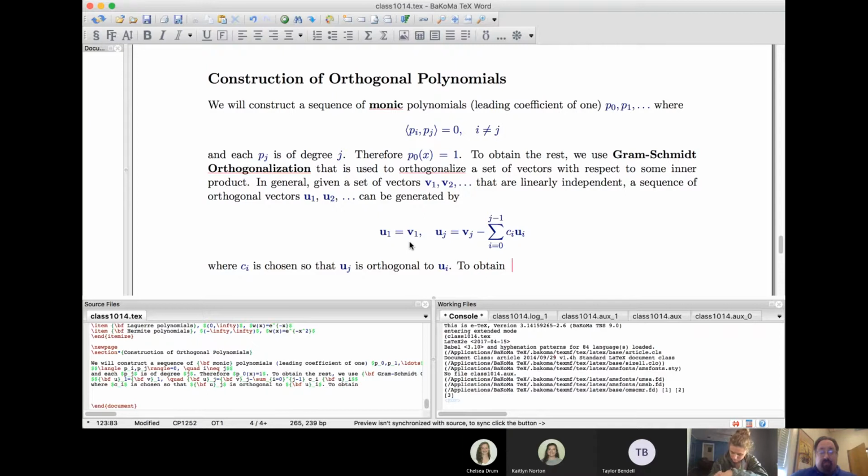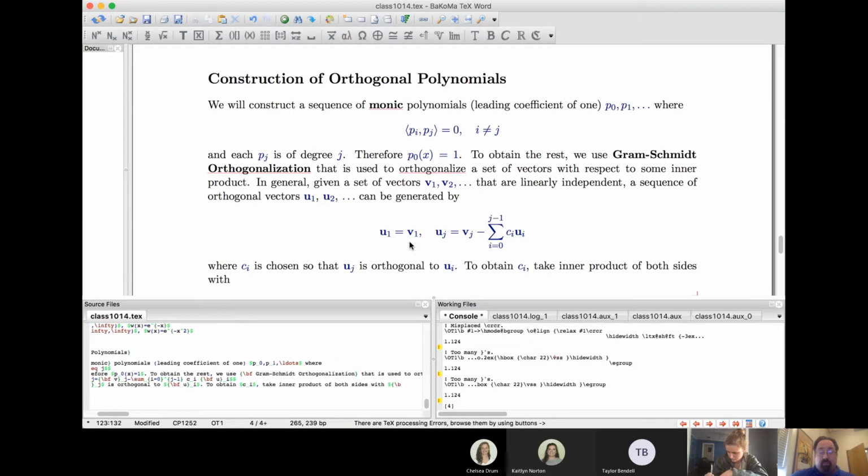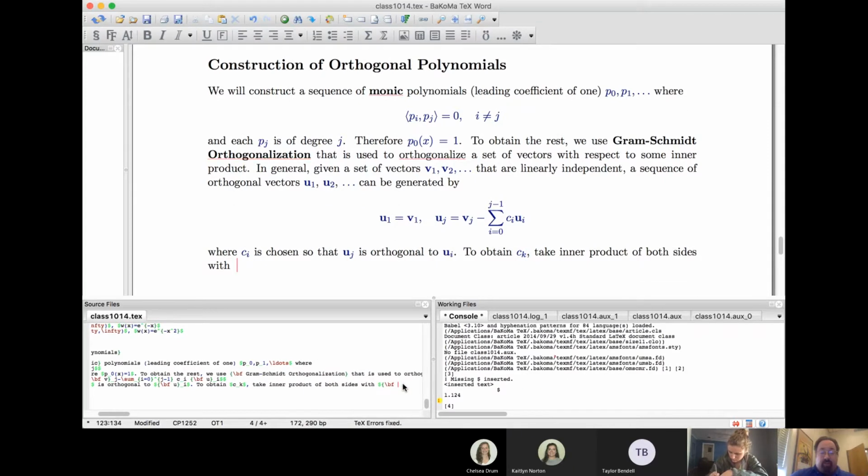All right, so to obtain, I'll use a different index here, ck. We'll take the inner product of this formula with uk.